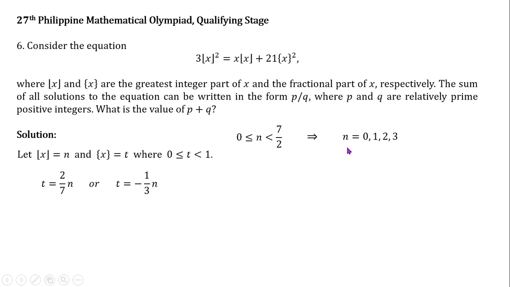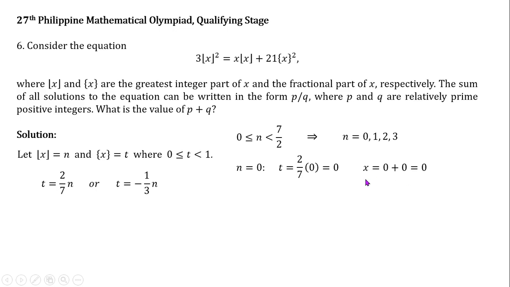Now, we can use these values of n to solve for the fractional parts. Using again this one, t equals 2 over 7n, we can solve for t. If n equals 0, then t is equal to 0, right? And take note that x is the sum of n and t. So x here is equal to 0.